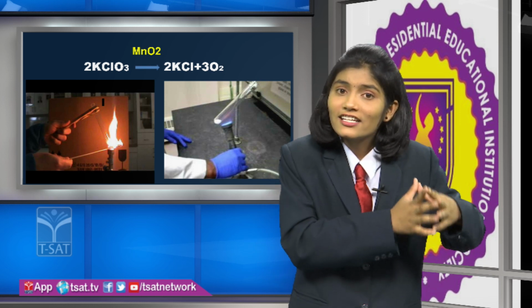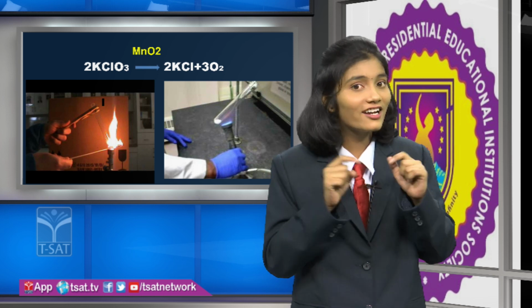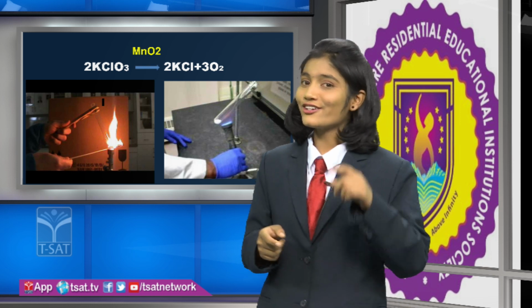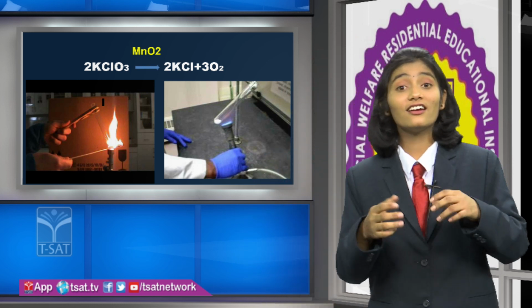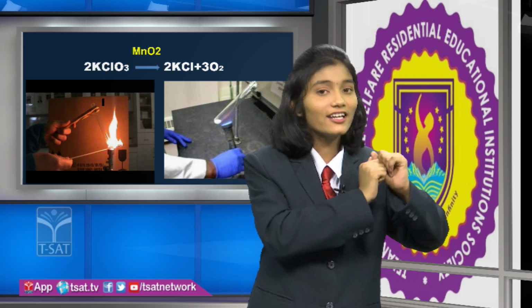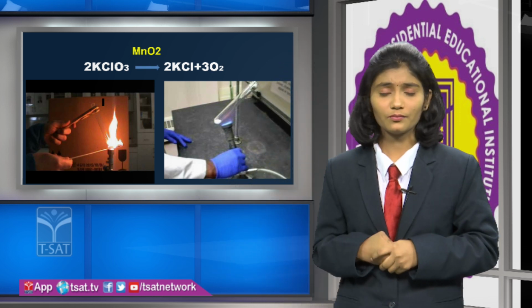What did you notice? Here you can notice that manganese dioxide is not consumed in the reaction, but it increased the rate of reaction, isn't it? And also you can see that the mass and composition of this manganese dioxide remain the same as at the initial stage.